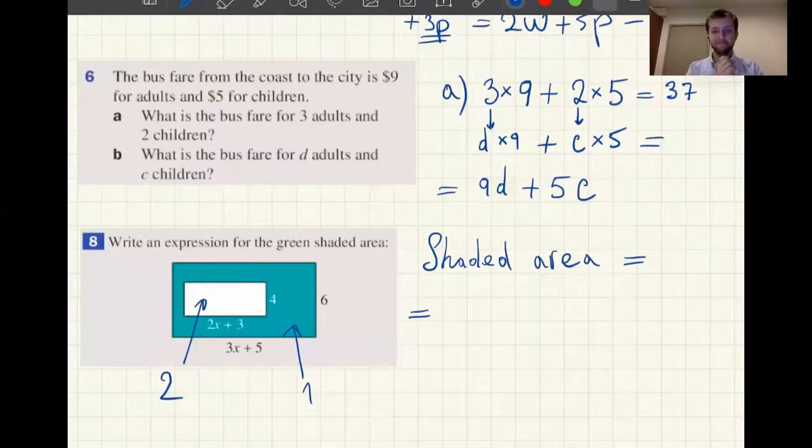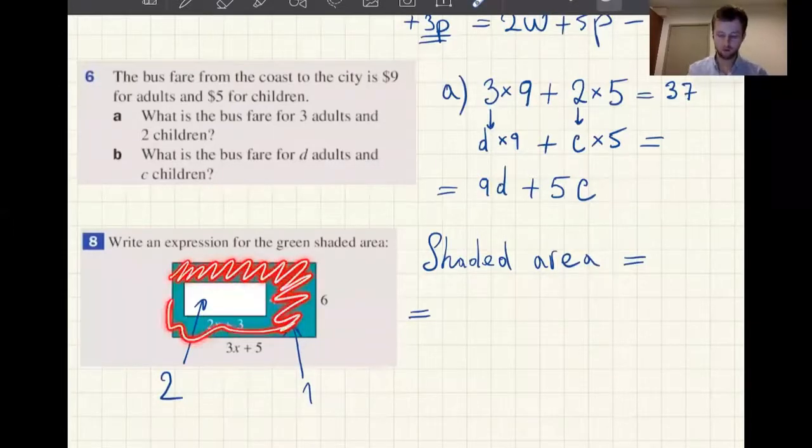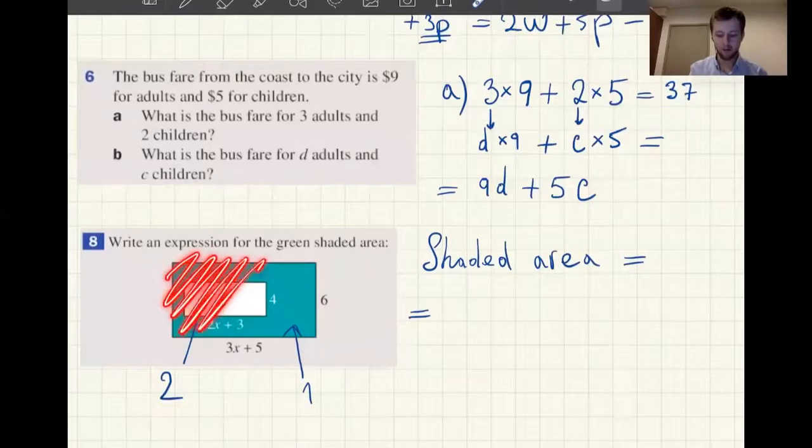All right, so the shaded area is equal to this big area minus this small area. This is the way to find it. We have to cut the small area out of the big area.